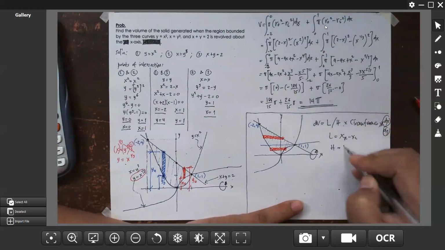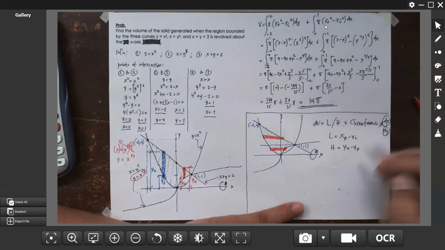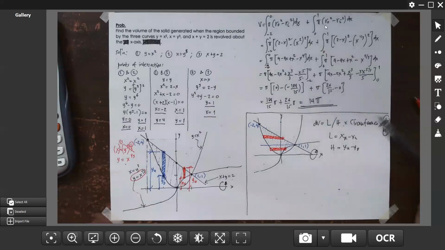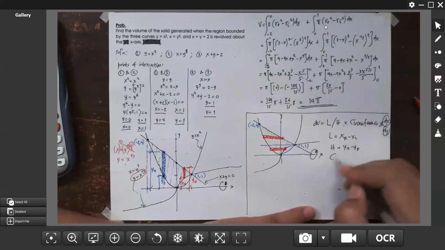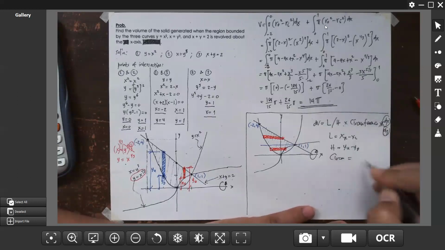When vertical, you have y up minus y down. So, we are going to use that. Circumference is 2 pi r.